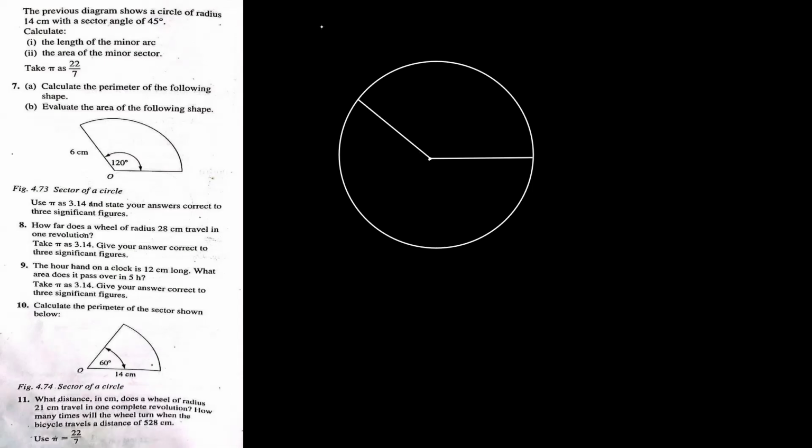First question. Mikhail, how much is the radius in question 7? Watch the question there. How much is the radius? 14 centimeters? No. Question 7: calculate the perimeter of the following shape.